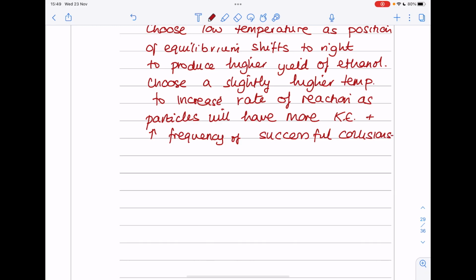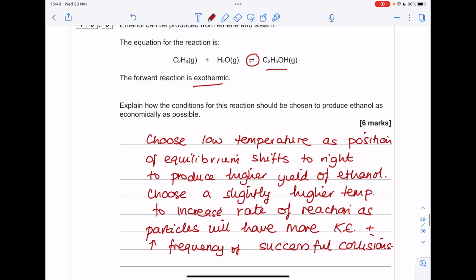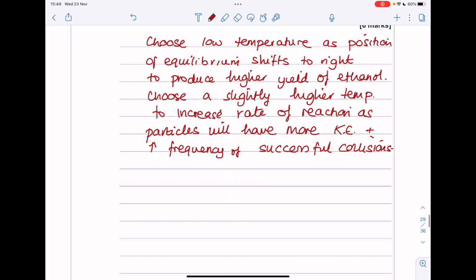Now let's consider equilibria from a pressure point of view. So count the number of moles of gas on each side. We've got 2 moles on the left side versus 1 mole on the right. Remember, we're looking at these numbers here. So to favour more ethanol, we want to increase the pressure to move the position of equilibrium to the right.